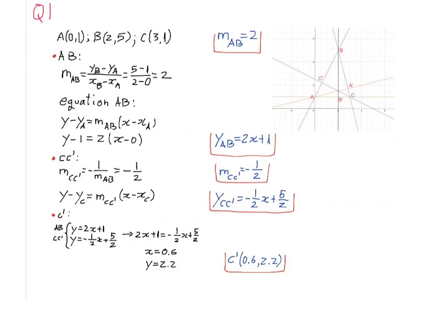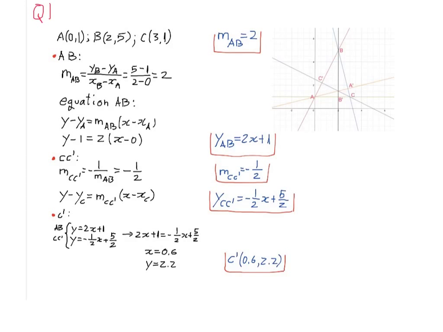Now, in order to find the equation of CC prime, which is the altitude of C in relation to the side AB, we'll first need to find the gradient of AB.